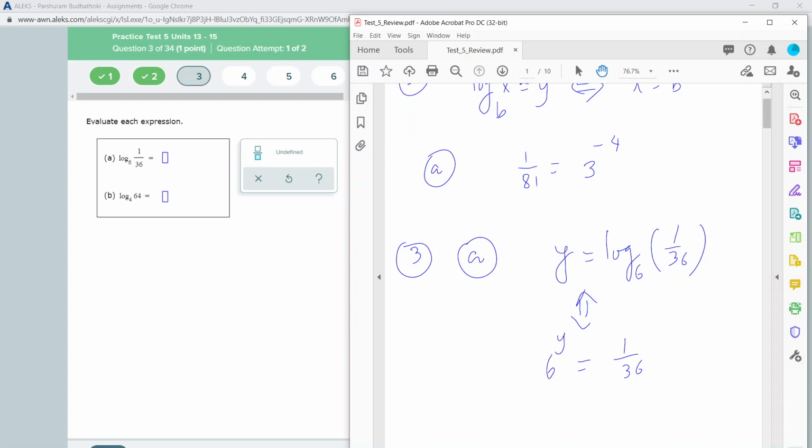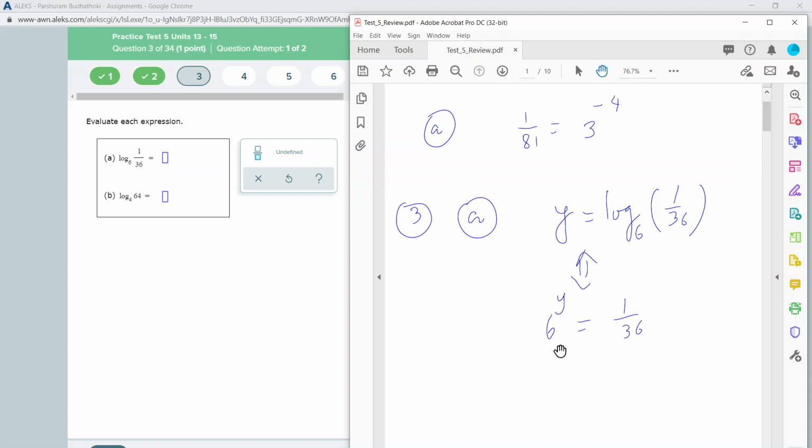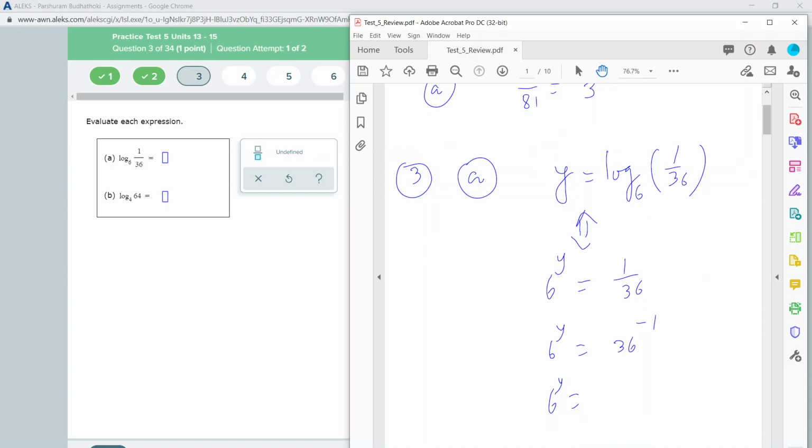Our goal is to find the value of y. So we need to solve this equation. On the right side, we can write 36 to the power negative 1, because if I take this 36 to the top, the exponent would be negative 1. And I know 36 can be written as 6 to the power 2.